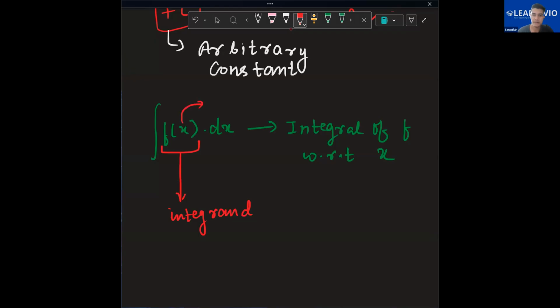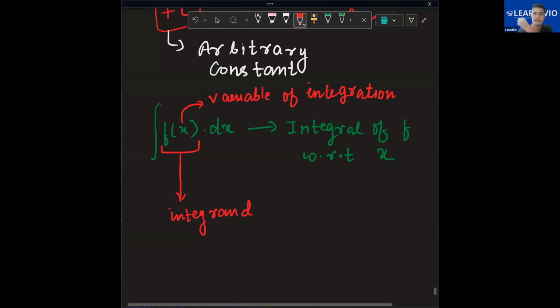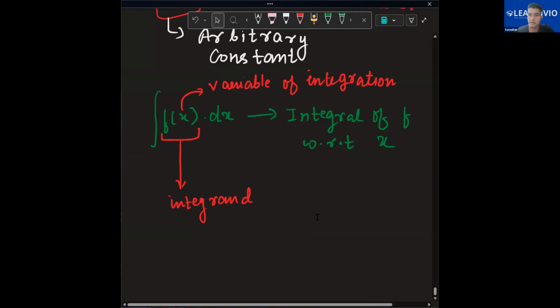This x is the variable of integration, or you can say the variable of integral. Okay. And this is obviously the symbol of integral, right? This is the symbol of integral, like this.